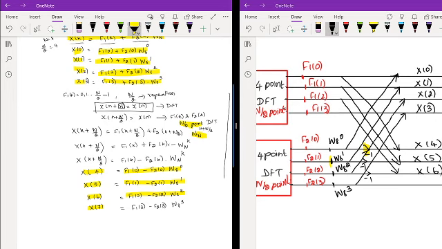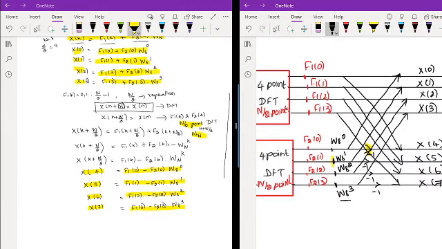So last, for calculating x of 7, we are going to select f1 of 3 minus f2 of 3. So f2 of 3 is already multiplied with w8 power 3. So we are going to just perform the subtraction. So it is minus 1 in the subtraction. So this is for x of 7.